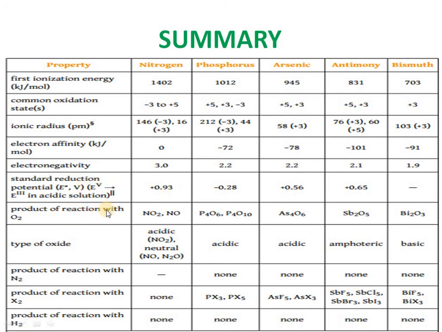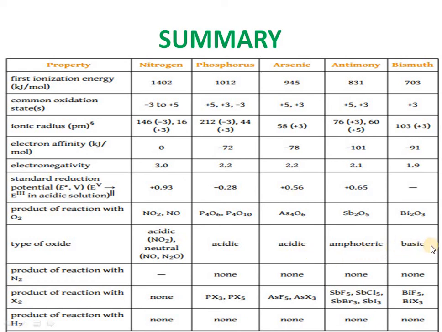The product of reaction with oxygen is NO or NO2, phosphorus pentoxide, arsenic oxides, antimony oxide, and bismuth oxide. And the types of oxides are acidic, neutral, and acidic, amphoteric, and basic.